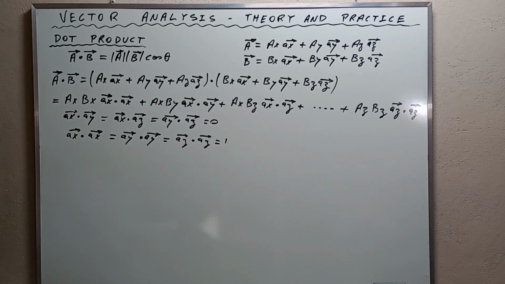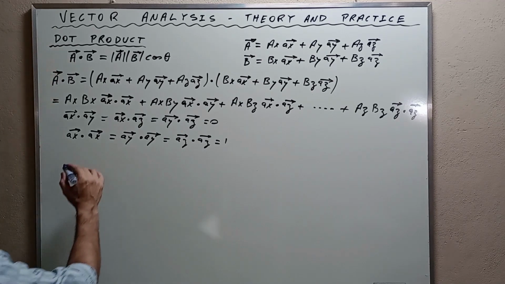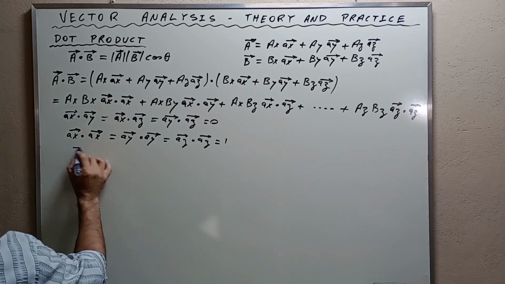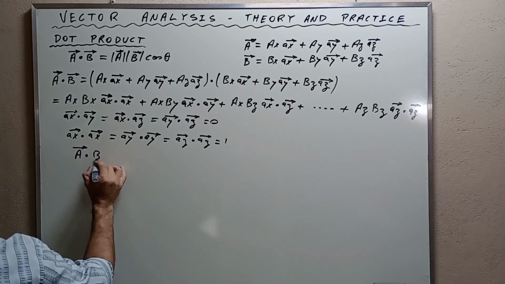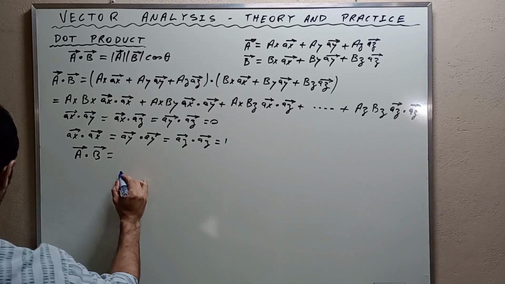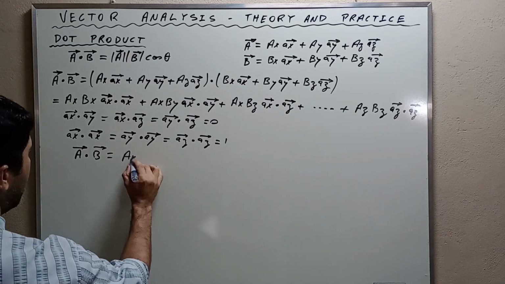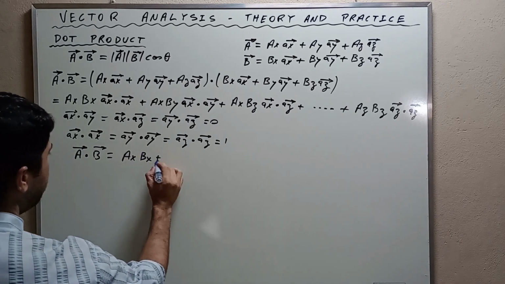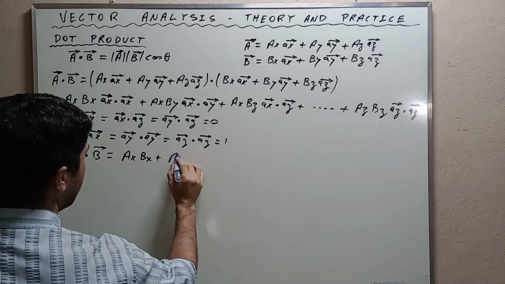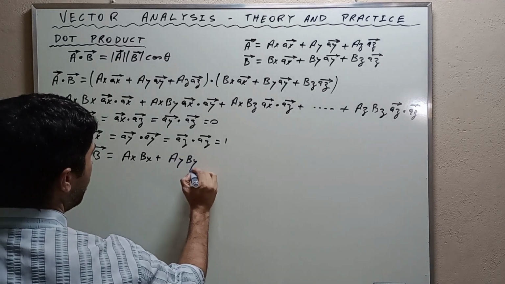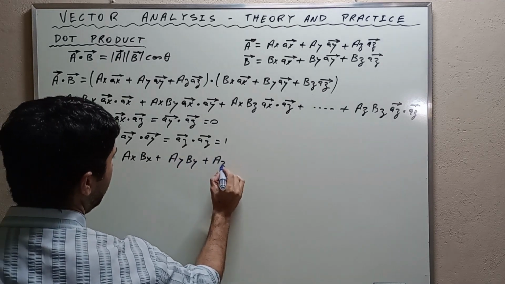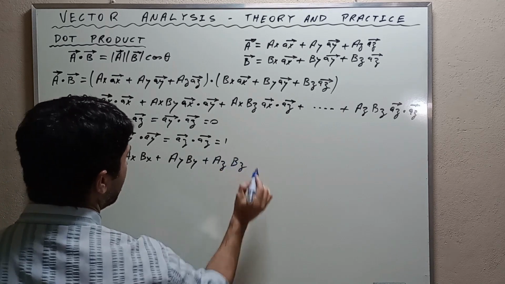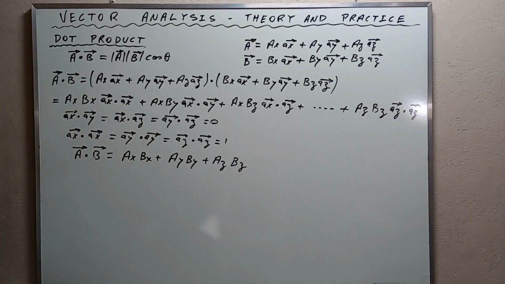This is one way of doing this. Alternatively, we can write the dot product as A dot B is equal to AX BX plus AY BY plus AZ BZ. Okay?